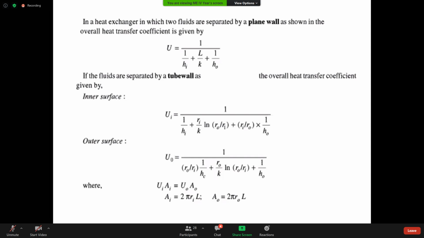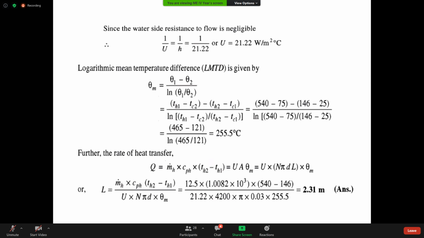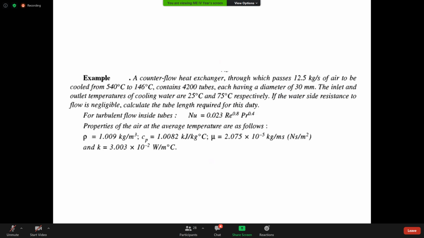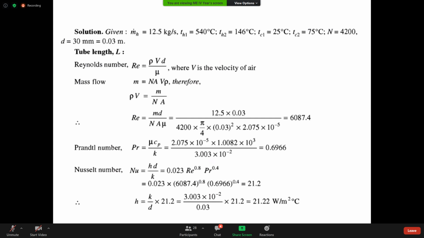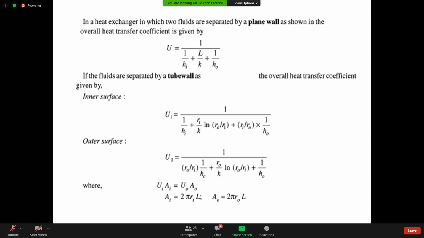If you have the Rajput book, I have taken many problems from Rajput only. Go through Rajput also. That is also a good book. You will get a large number of problems, more than enough, and that is the reason students get confused. Easiest way, right?